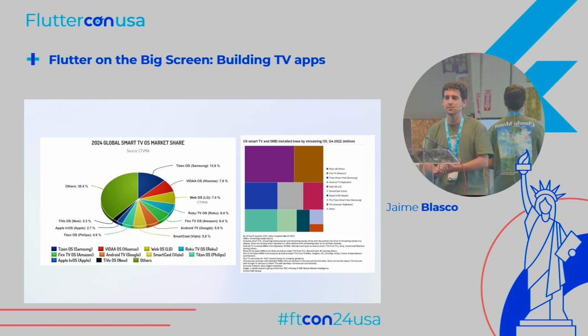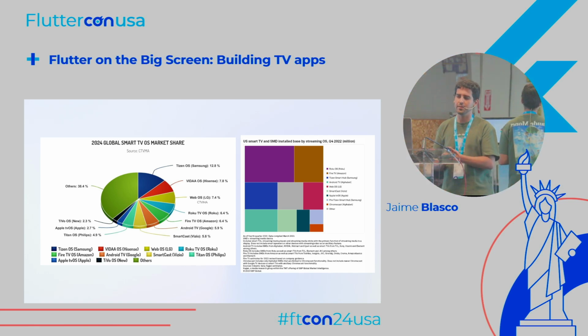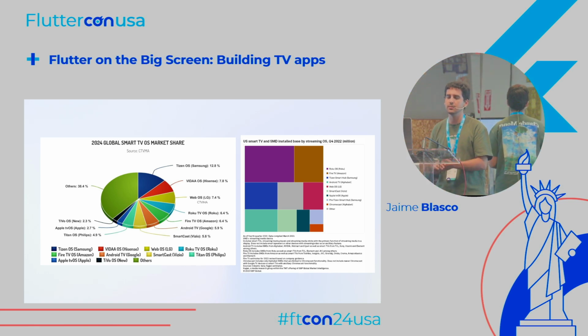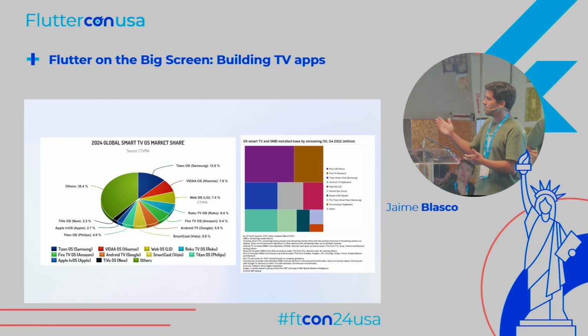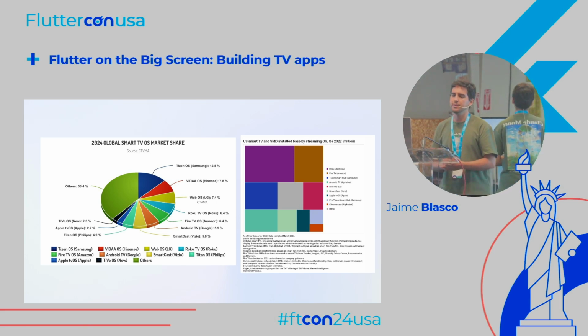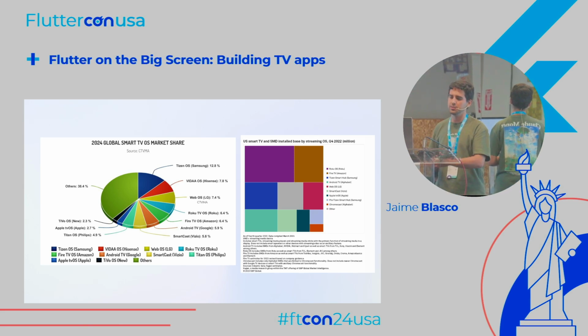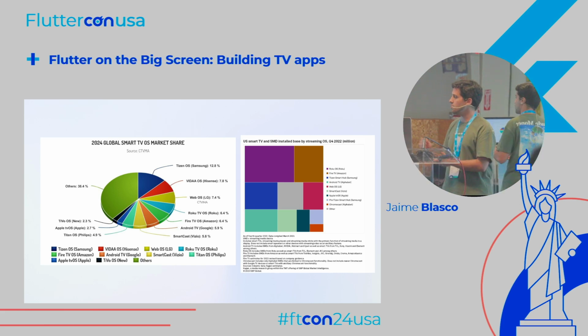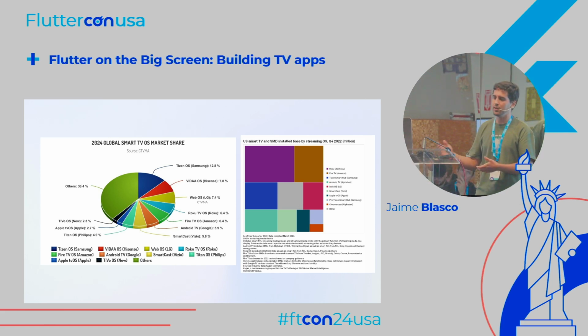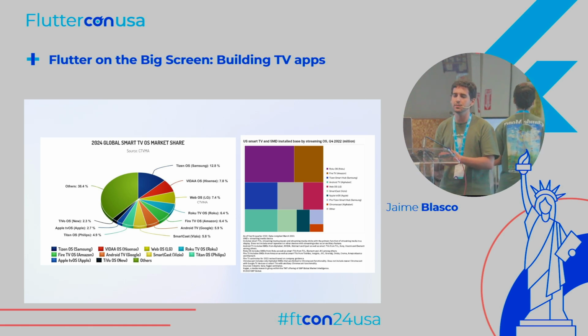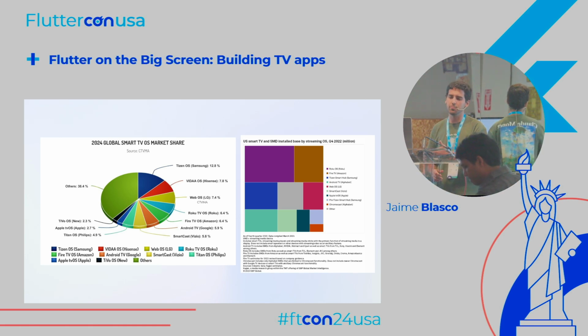It's a company based in China, and I think it's the second manufacturer there. They have a lot of companies, Toshiba is one of them, and they have this operating system mostly in Asia and Europe. And then, of course, we're more aware of webOS from LG, Roku TV, which is based in America, Fire TV, Android TV, SmartCast, which is also from a company based in the US, Titan OS, which is used by Philips in Europe, Apple tvOS, and TiVo OS, also an American company.